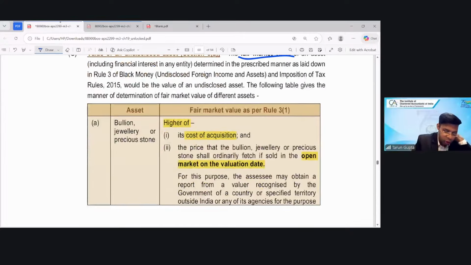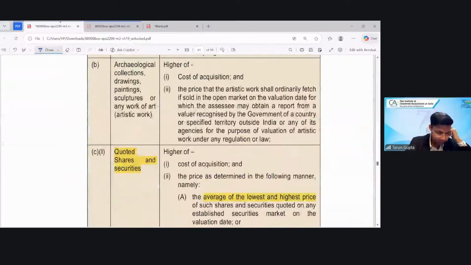If the asset is bullion, jewelry, or precious stone, the value of the asset shall be the higher of cost actually acquired or the open market value as on the valuation date. What is the valuation date? It is the first April of the previous year in which this amount is being taxed. And here, first April 26. So higher of cost or open market value means the fair market value.